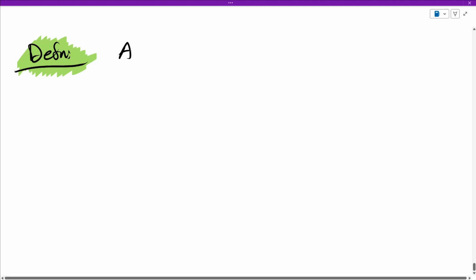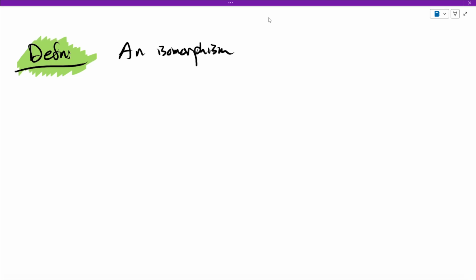So what is an isomorphism of extensions? What a weird thing. Let's highlight this. An isomorphism of extensions, and let's give the extensions names.